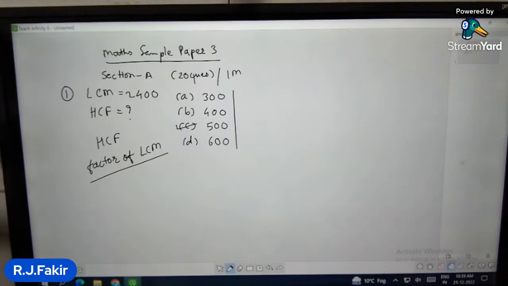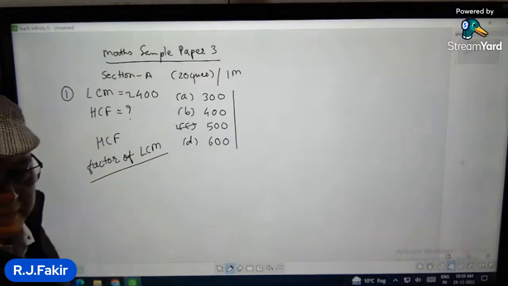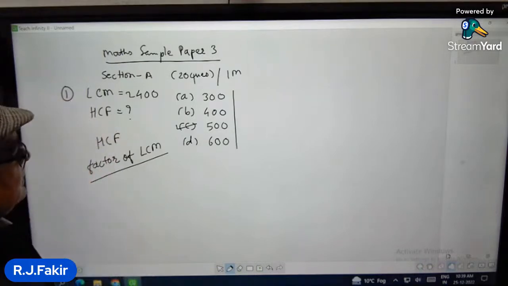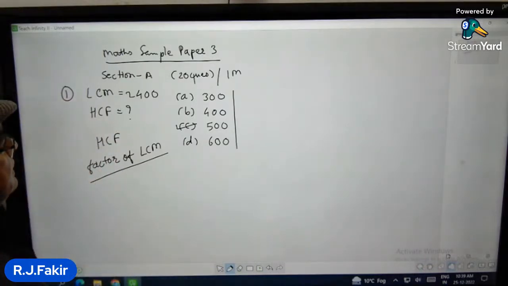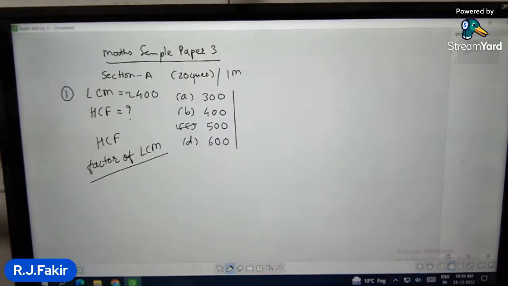So if we check, 2400 has the factors 300, 400 and 600, but 500 is not a factor of that LCM.